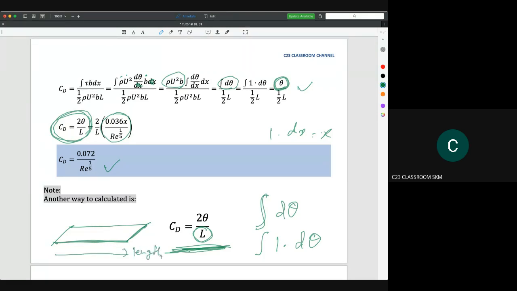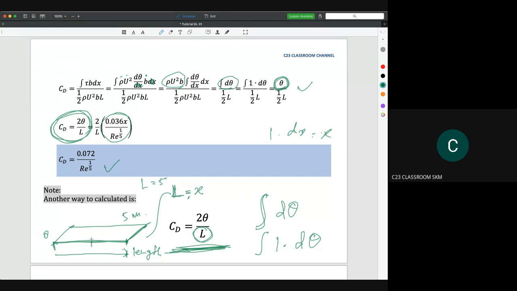The length of the plate is sometimes referred to as L and sometimes as X. In some textbooks, they say the maximum length, so if here is 0 and here is 5 meters, they will write L equal to 5.